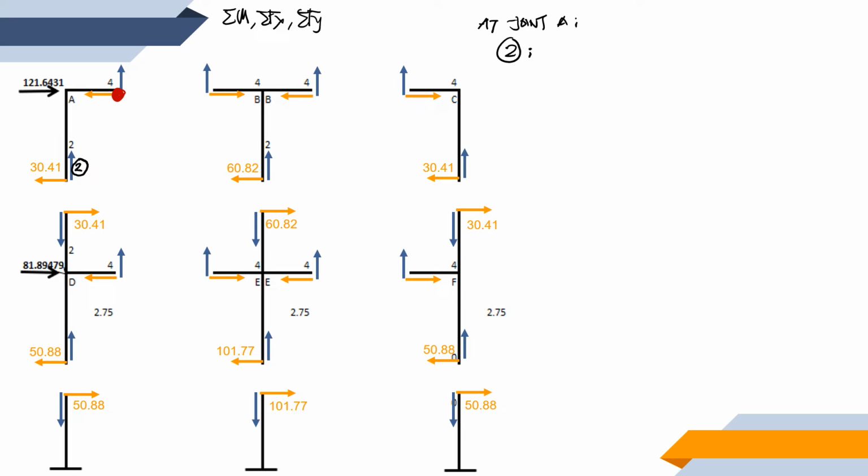We have the summation of moment at this joint equal to 0. Counterclockwise is positive. So now we have negative 30.41 times the moment arm 2, and we also have minus our force number 2 times the moment arm equal to 4, is equal to 0.